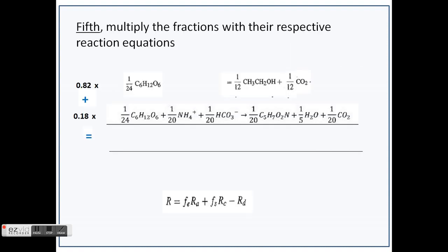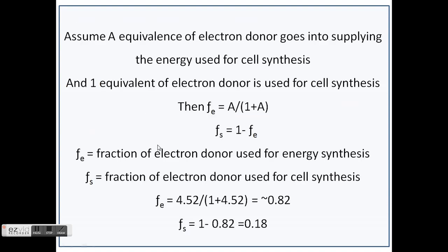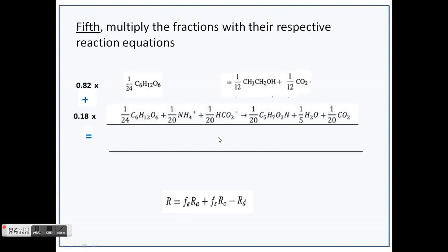So how do we use this? Once you find those fractions, the fraction that goes into energy production and the fraction of electron donor that goes into cell production, you now multiply that fraction by the whole. So this fraction goes to energy production, you multiply it by the combined energy reaction. So we have 0.82 times this, 0.82 times this, 0.82 times this, and then we'll have 1.81 times this, times this, times this.